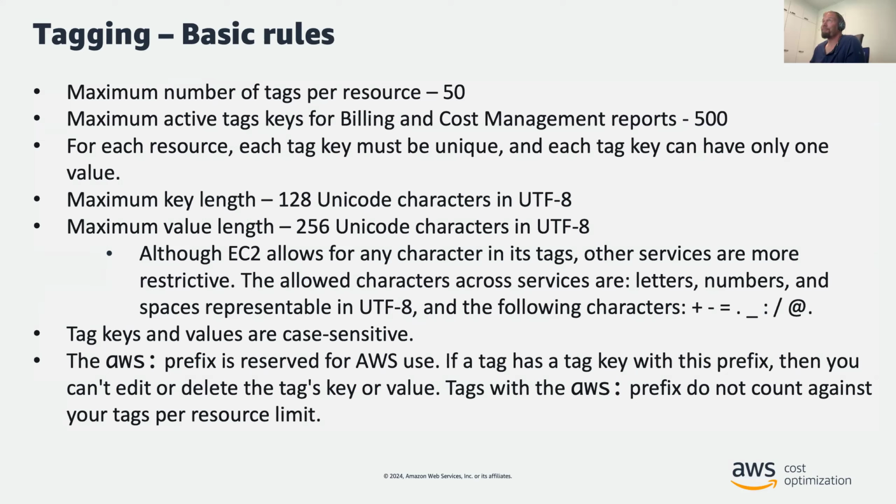Here are some rules around tags. What can they be? How many can there be? Too fine-grained to be in the practitioner exam. These are not going to be in the pro exam either. They're too tiny details. Just remember that you need to tag. And every tag that starts with aws: is reserved for AWS use.